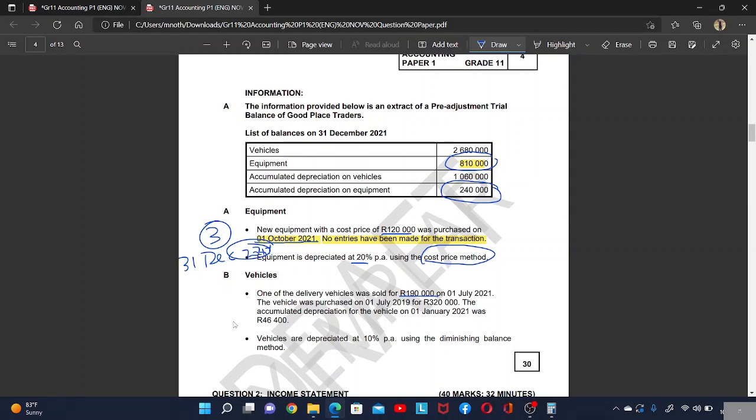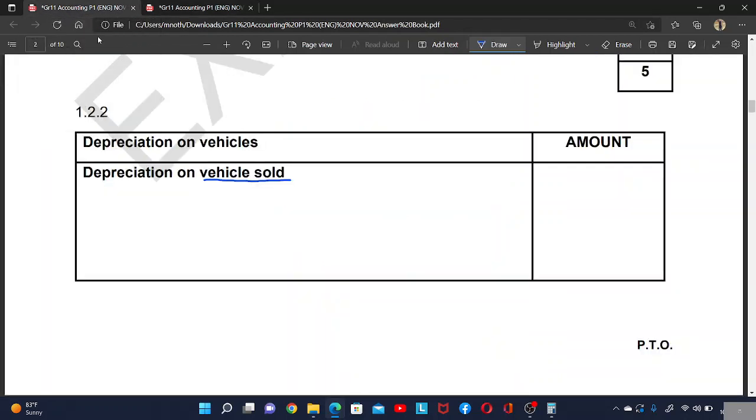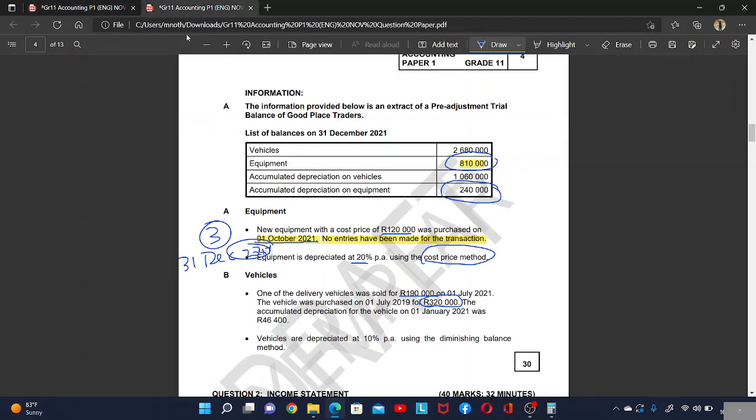The vehicle was purchased on 1 July 2019 for 320,000, so this is its cost price. The accumulated depreciation for the vehicle on 1 January 2021 was 46,400. So at the beginning of the year, the accumulated depreciation was 46,400.